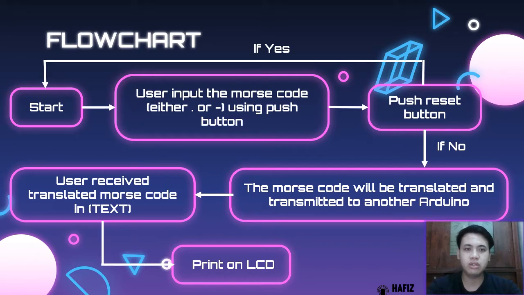If the user decides to push the reset button, then the program will start over from the beginning, where the user needs to input the new Morse code using the push button. But if the user decides not to push the reset button, then the Morse code will be translated and transmitted to another Arduino. After that, the user will receive the translated Morse code in text, where it will be printed out on the LCD. Thank you.